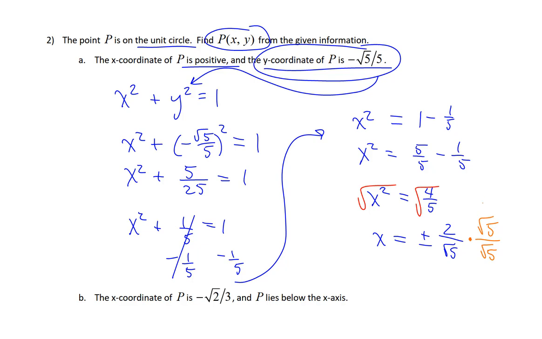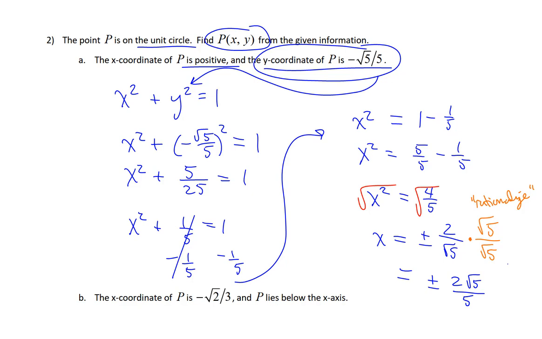This is called rationalizing the denominator, and it's just kind of a standard practice you'll see in most math books, which means this is really plus or minus. We take what we're working with here, plus or minus. On top, if I multiply my answer of 2 over square root of 5 by this root 5 over root 5, on top I'd have 2 root 5, and then on the bottom, root 5 times root 5 is just 5.